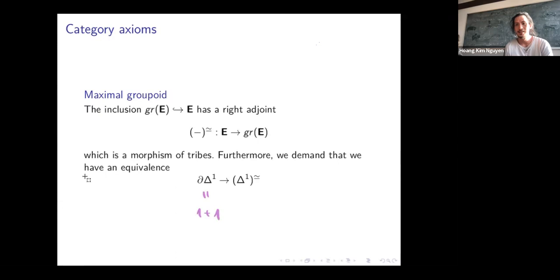So there are no automorphisms in the interval. That's what this is saying. And now another question.